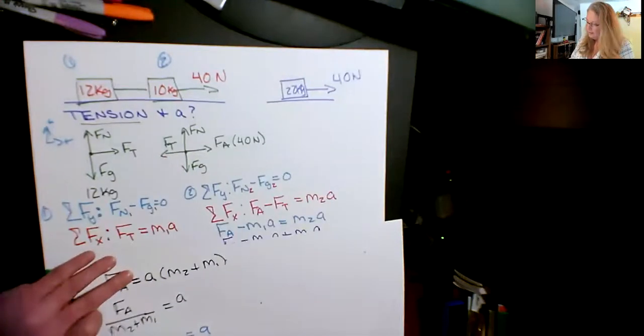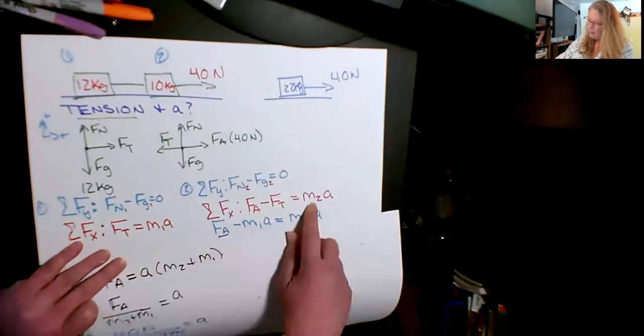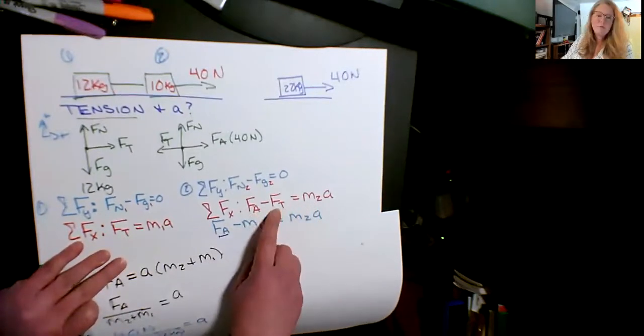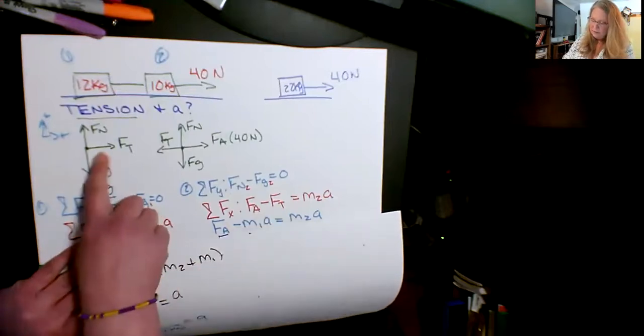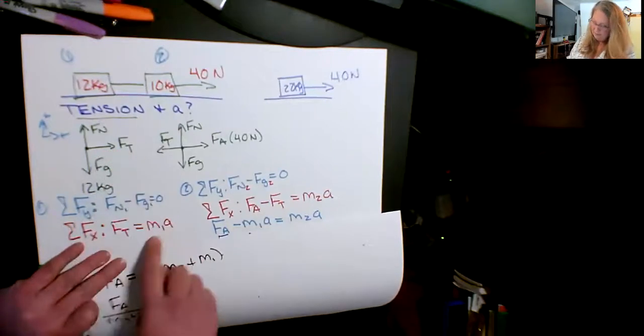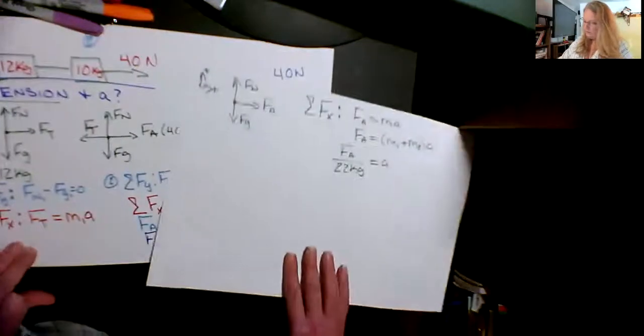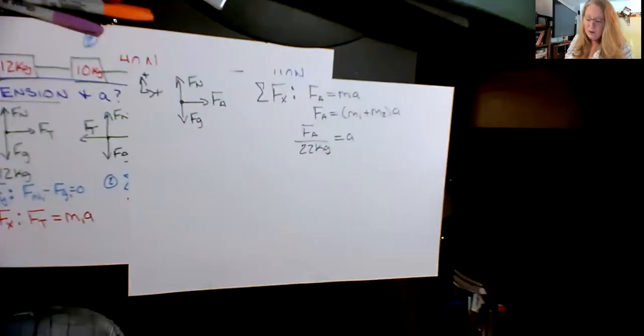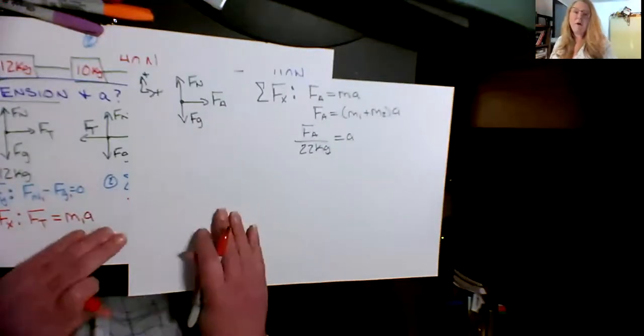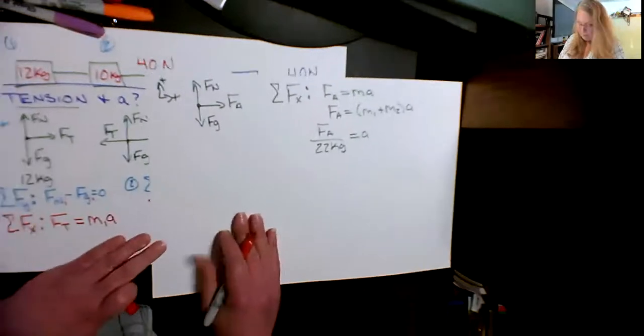So I can take this equation that I have here and simply solve it for the force of tension. That's option one. Option two is I look at this and say there's only one force here. Force of tension then is this mass times acceleration. My preference would be to go with that one, but know that you're not wrong either way. It's what makes the most sense to you.